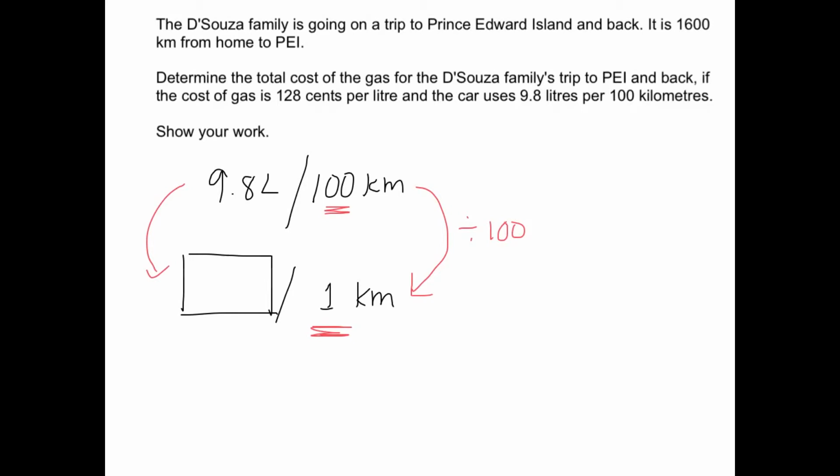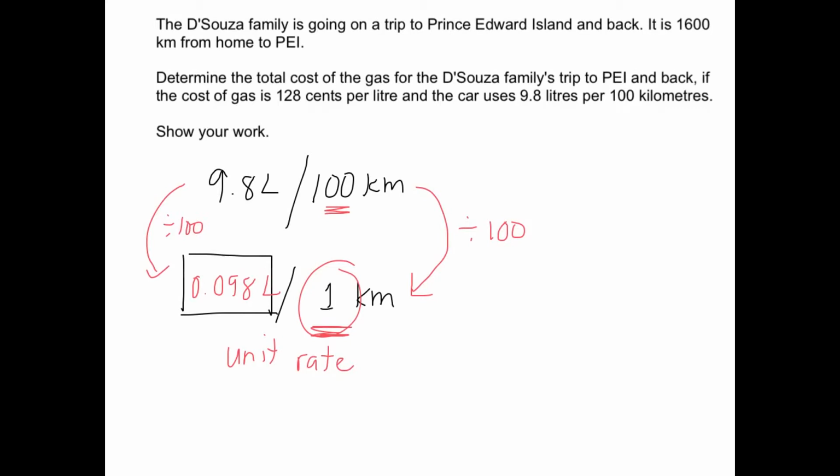That's right, we would also need to divide this by 100. 9.8 divided by 100 gives us 0.098. Therefore, the car uses 0.098 liters for every 1 kilometer. This is a unit rate because it tells us the amount for every 1 kilometer traveled.